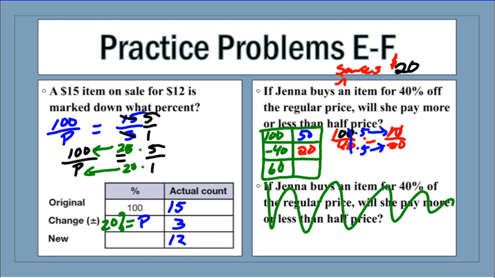So this is 50. That means she's paying 50 minus 20, which is 30. So she's paying $30. $30 is more than half price. That answer would be more than half of the price she would pay.